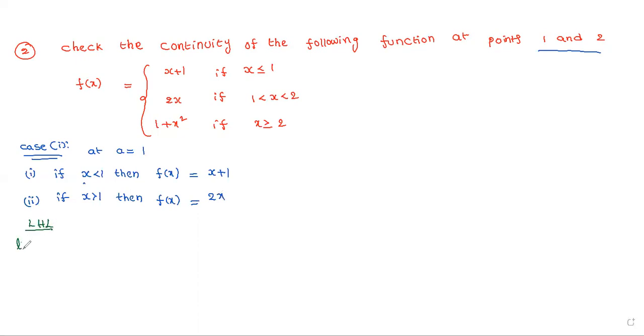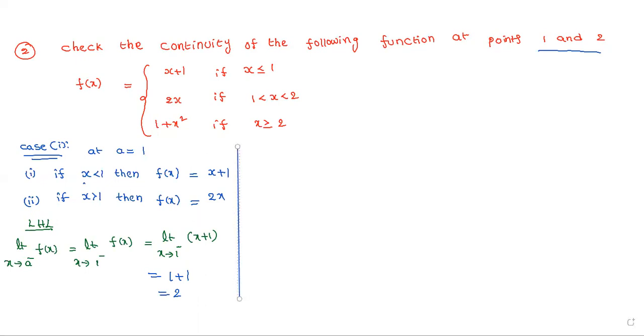LHL, limit as x tends to 1 minus of f of x, value x plus 1. Substituting x value, 1 plus 1, that is the value 2. The next, limit as x tends to 1 plus of f of x, value 2x.